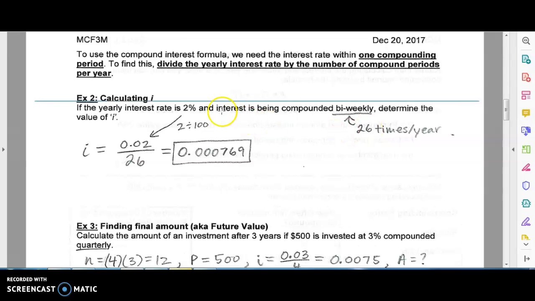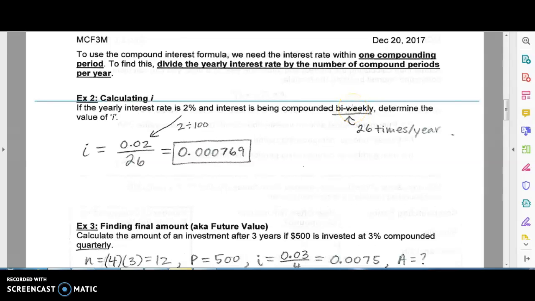So we take the interest rate of 2%, convert that to a decimal, 0.02, and divide it by the number of compounding periods in a year, which is 26, which we got from this bi-weekly. Again, this is information you will always be given in the question: the interest rate and the compounding period.